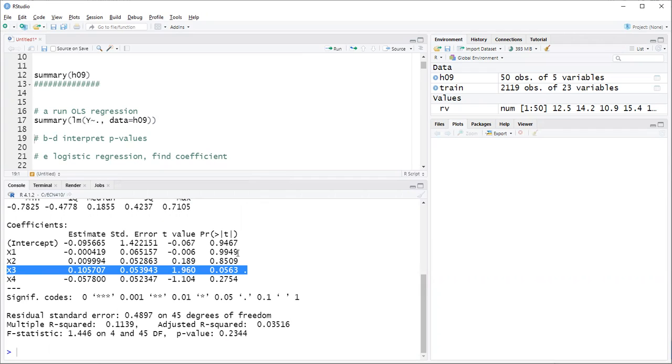X1 and X2 have quite large p-values, so this goes to maybe some other parts of the question that might be in the homework, interpreting p-values. So if I see very large values, 0.99, 0.85, that suggests they don't belong in the model, perhaps.